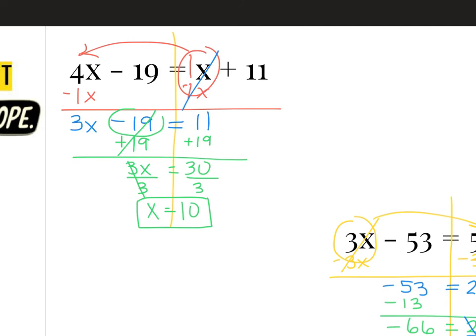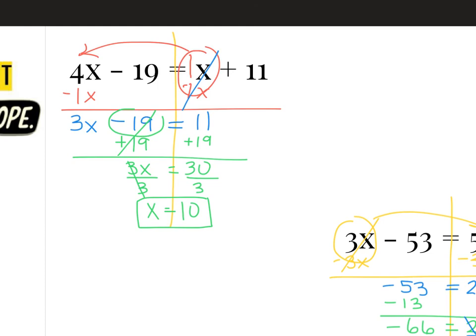Okay, so my negative 5x is going to cancel off of the right by doing the opposite of adding 5x. Now I need to add 5x underneath the other x term on the left side. Now my 19 is going to move to the right side, so to move it over there, I got to cancel it from the left by doing the opposite of subtracting 19. Subtract 19.